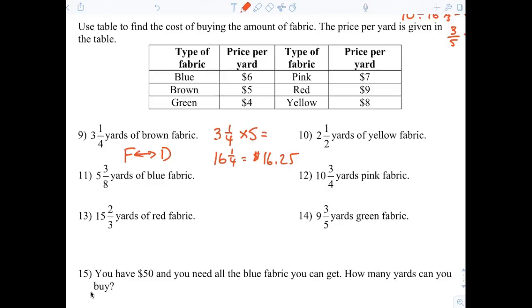You sure? So type it in, 16 1/4. Let me see. Do you understand how to do it?